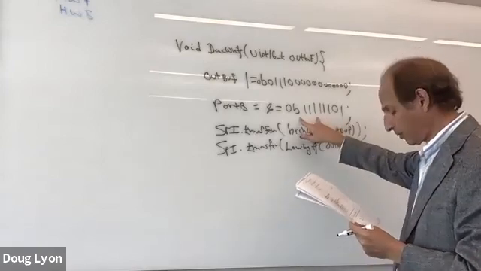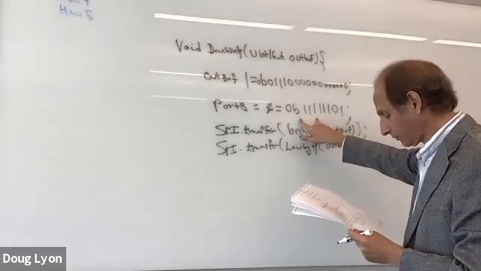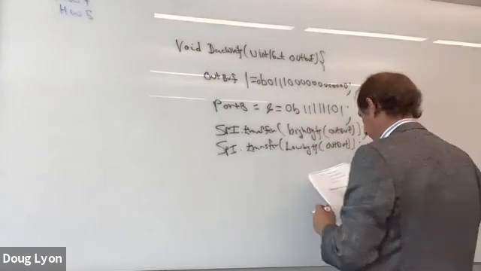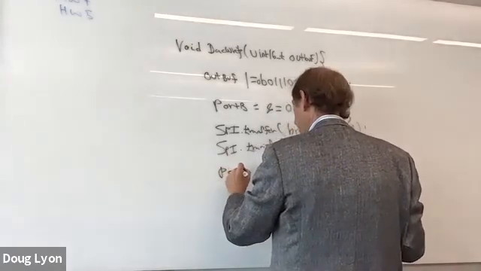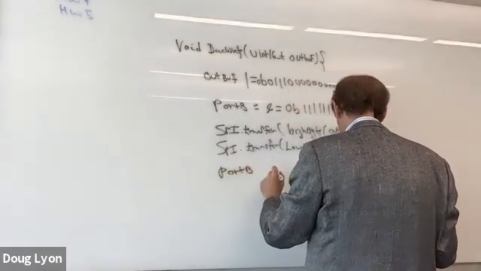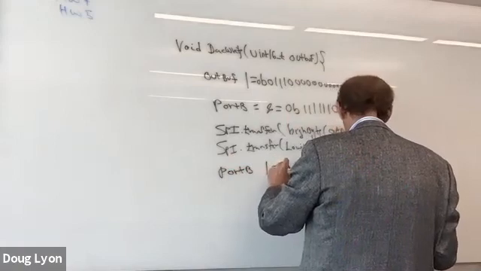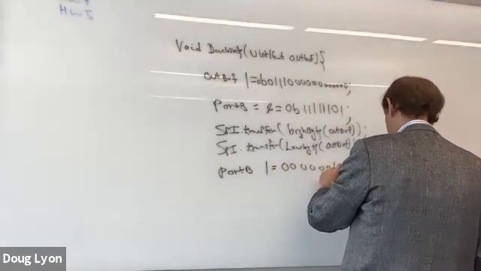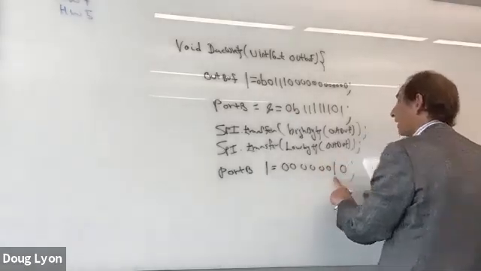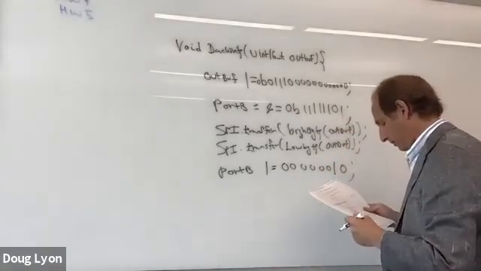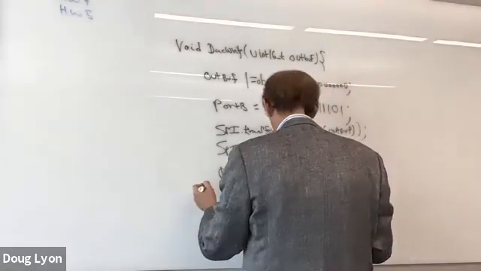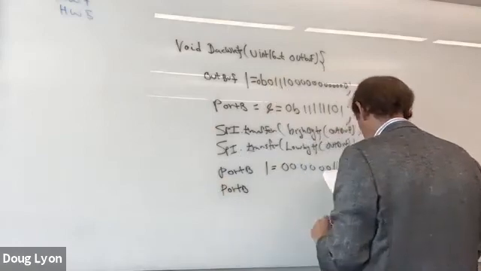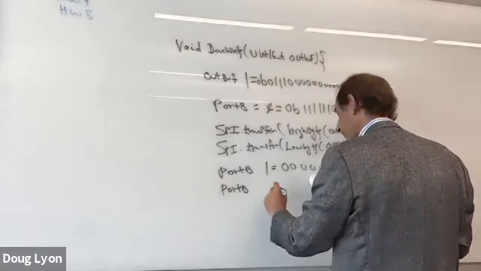Now I've got to go back to port B, and I've got to pull the chip select high. So I do port B, take that bit, pull it high, and then take port B, and I've got to pull the LDAC low again.